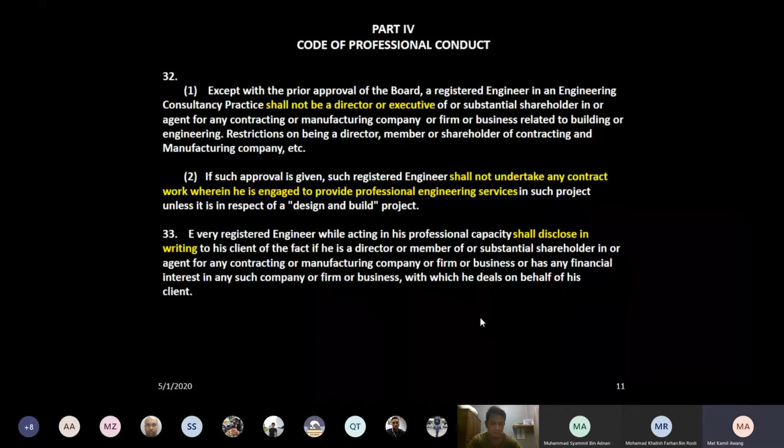What is design and build? Design and build is basically that you are given a project by a company, by your client, to do the design and also to build that particular product, for example. So you not only design, but you build.